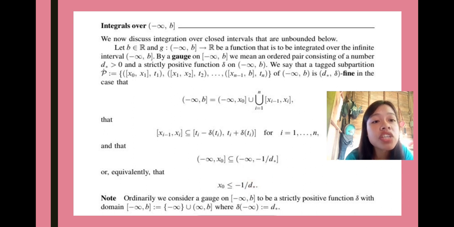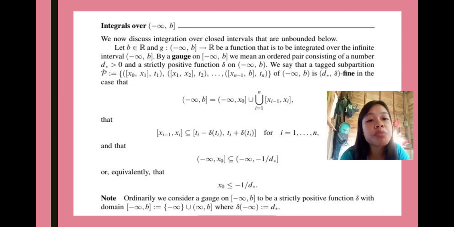Ordinarily, we consider a gauge on (-∞, b] to be a strictly positive function delta with domain (-∞, b] union {-∞}, where delta of negative infinity is equal to d.